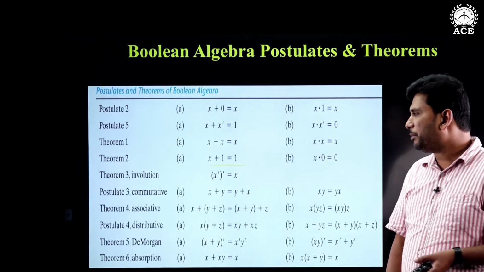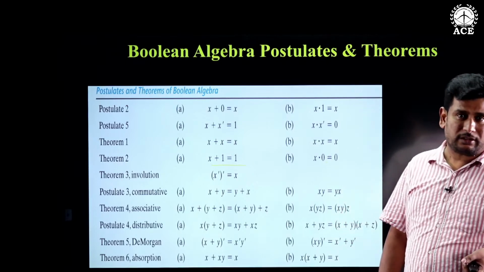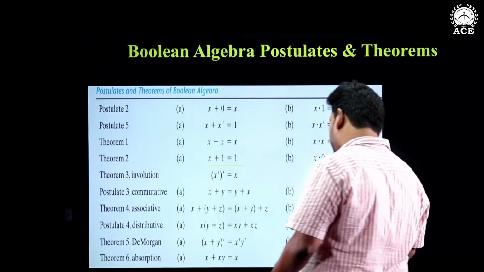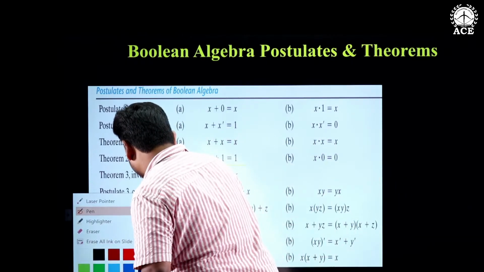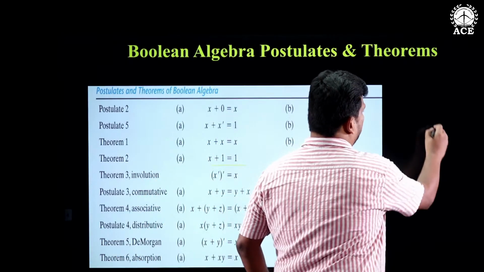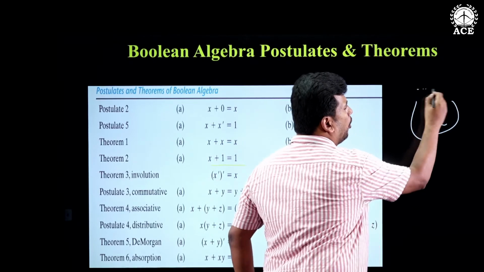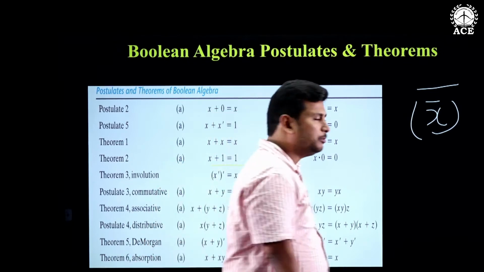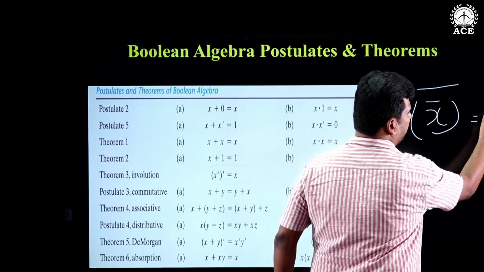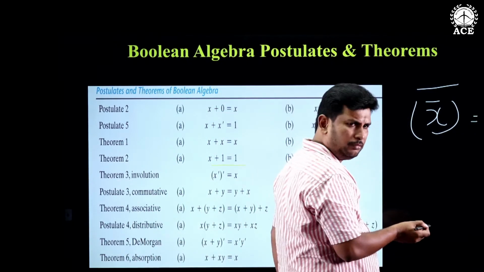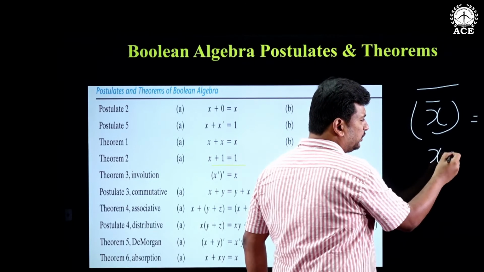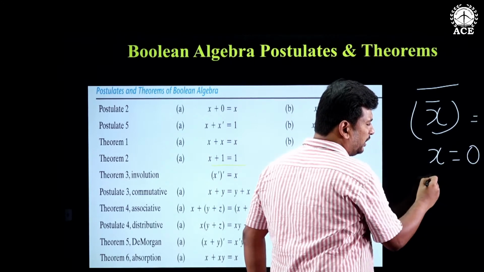Next, theorem number 3 is involution. Let me look at a smart example to help you understand it. What you are mentioning is x complement whole complement is equal to x. Can we prove it, sir? Let me try. Let me take x equal to 0. What is our x complement?